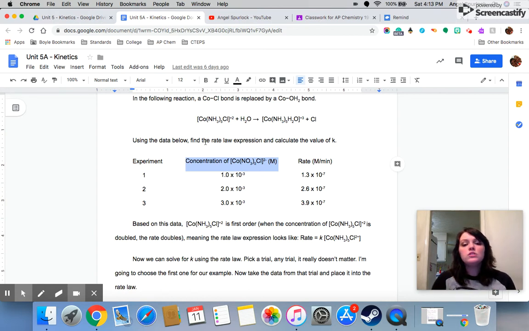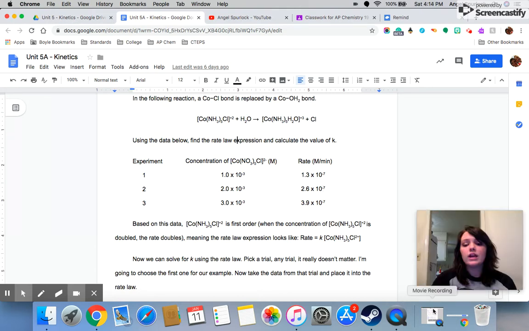If you see the balanced chemical equation and you can see that there are two reactants, but in the data they only give you one, that's a very good hint to you that the other reactant is probably zero order. So let's figure out this one then, and that's the only thing that we have to go on for our rate law. Between trials 1 and 2, I can see that the concentration is doubled, and also the rate doubles. So that's nice and easy.